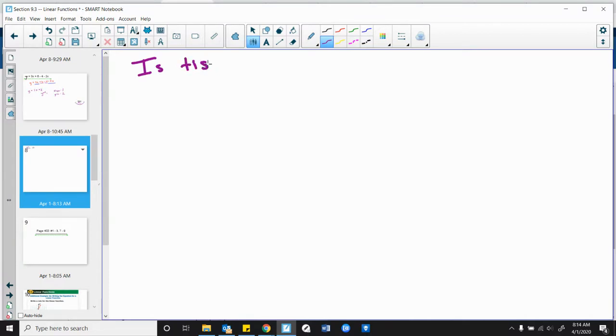Is this linear? Okay, and it's y equals 3 and then 2x plus 4.